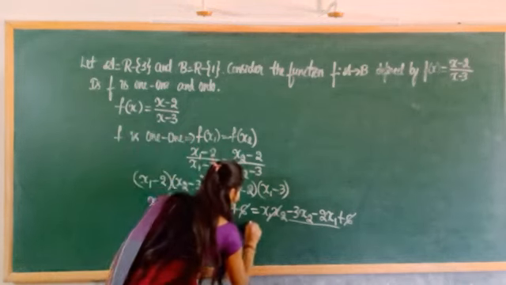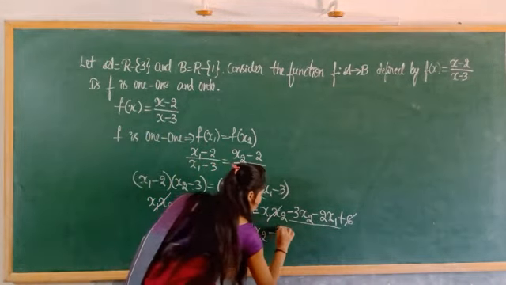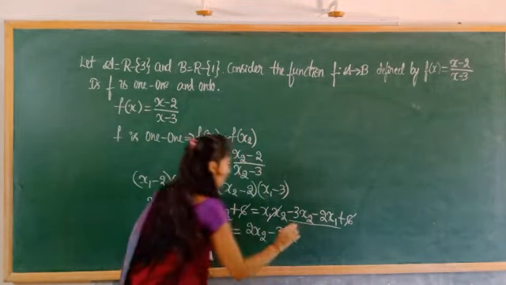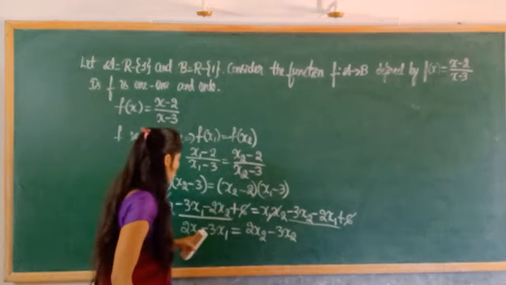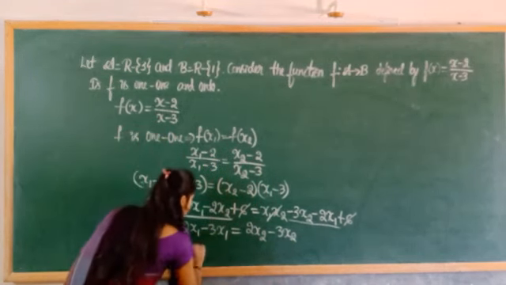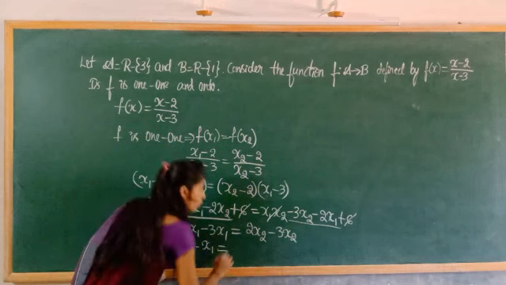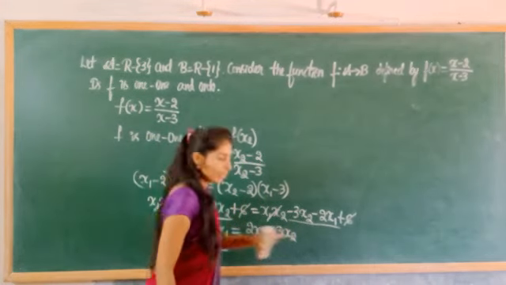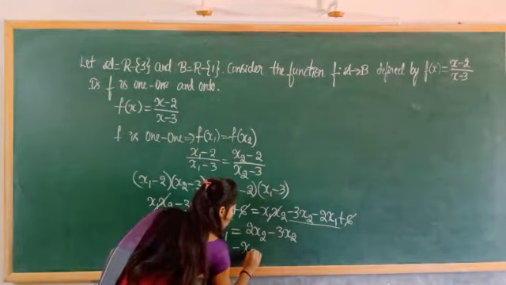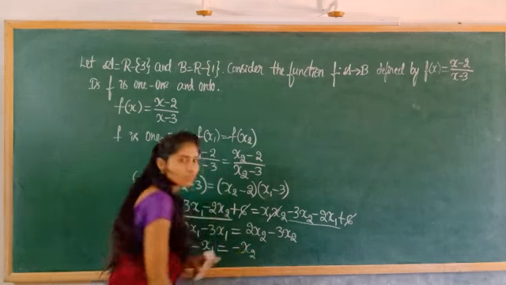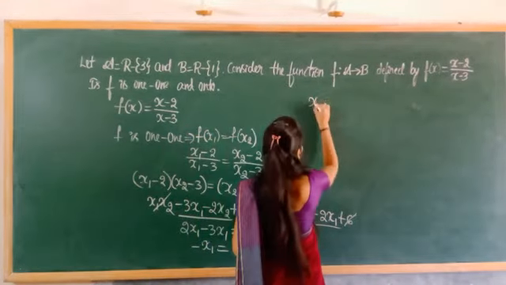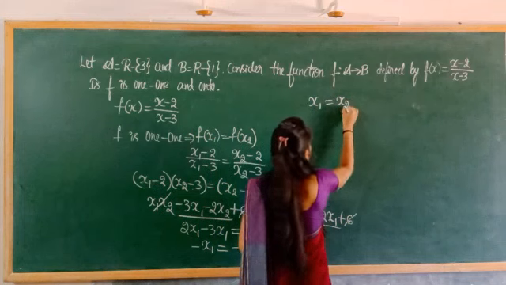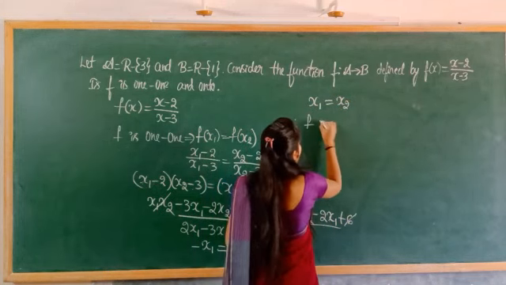So minus 2x1 minus 3x1 means minus x1 is equal to, here 2x2 minus 3x2 means also minus x2. The minus signs cancel on both sides. Finally you will get x1 is equal to x2. Therefore f is 1-1.